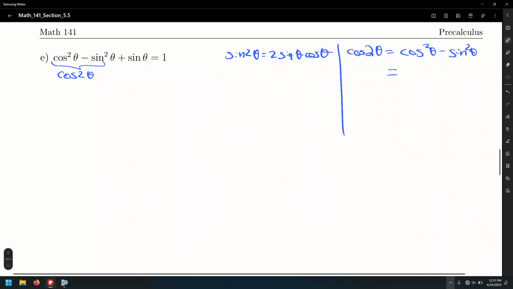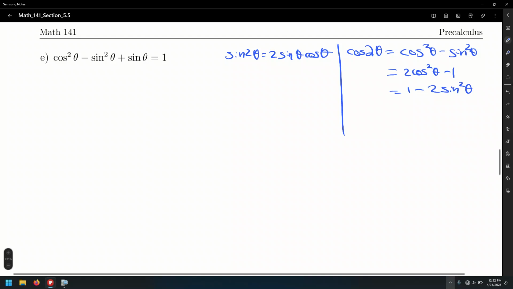And the other 2 alternatives look like this: 2 cosine squared theta minus 1 and 1 minus 2 sine squared theta. And again, as we described before, you might want to have an equation in terms of one single trigonometric function. So how about in terms of all sines, and also in terms of just one single type of angle, not 2, not 3. All right.